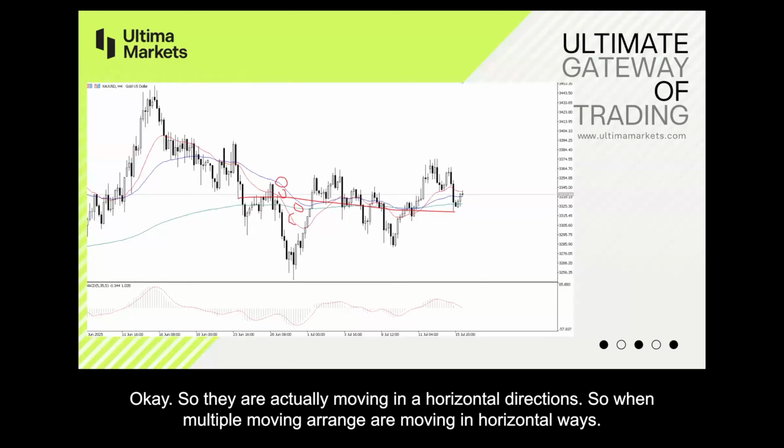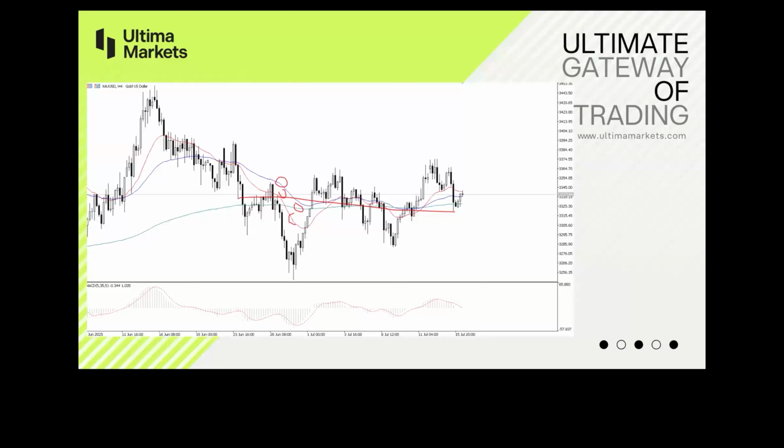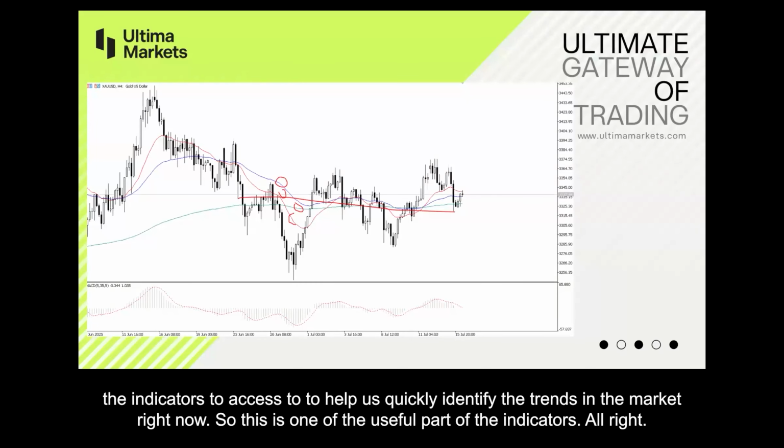So when multiple moving averages are moving in horizontal ways, they are actually considered a sideways trend or a ranging trend. Okay, so this is how we can use the indicators to help us quickly identify the trends in the market right now.